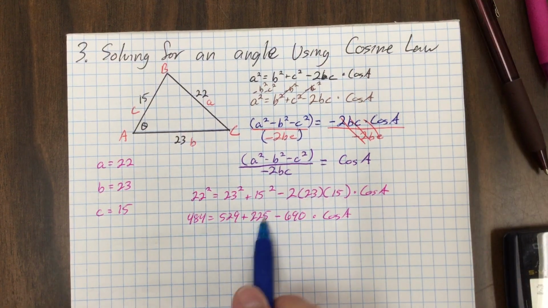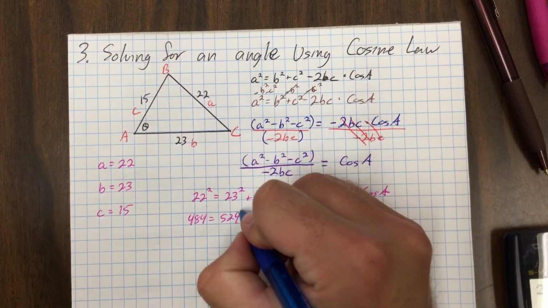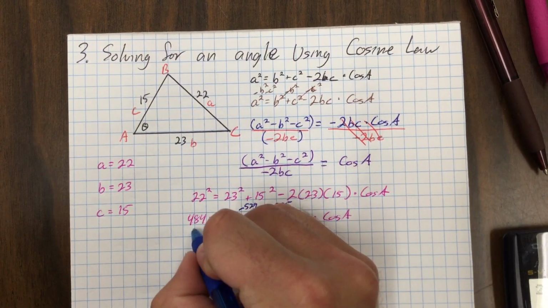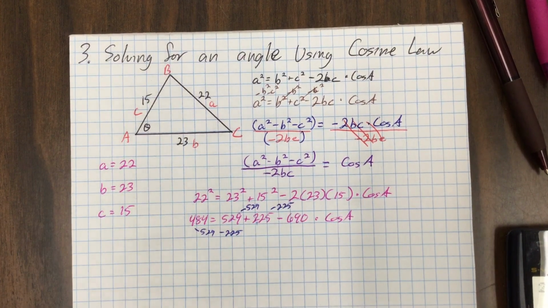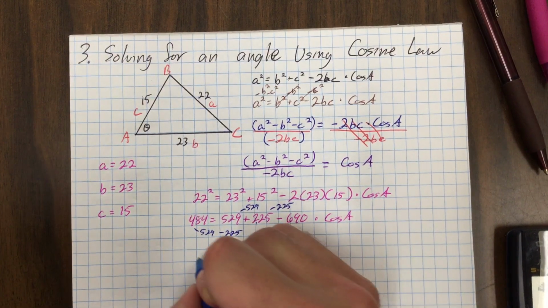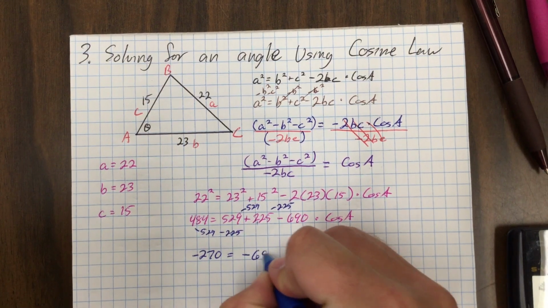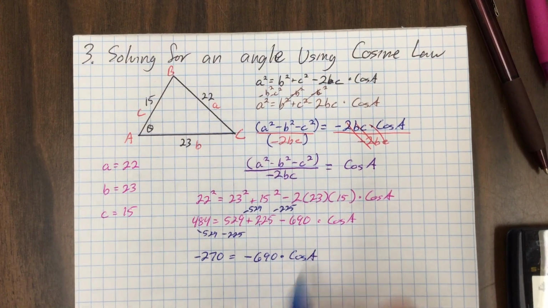Now we realize these two are both adding. So we subtract 529, subtract 225, and we get 484 minus 529 minus 225. This is negative 270 is equal to negative 690 times cos of A. Remember, this is multiplying.